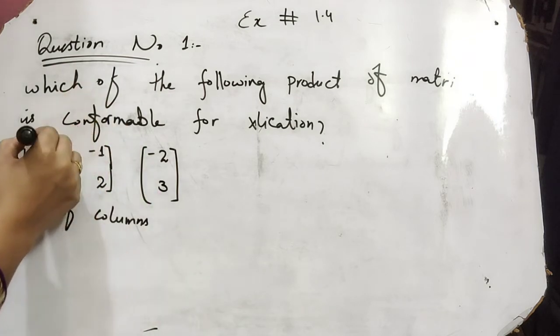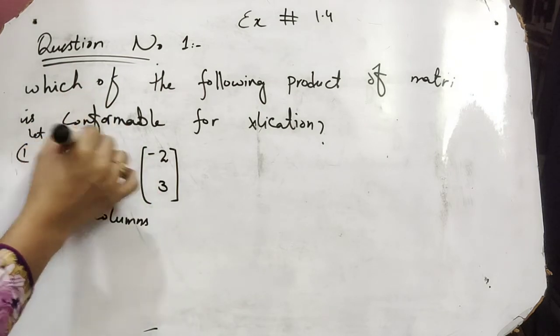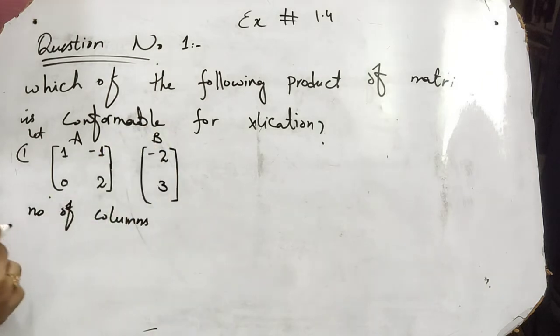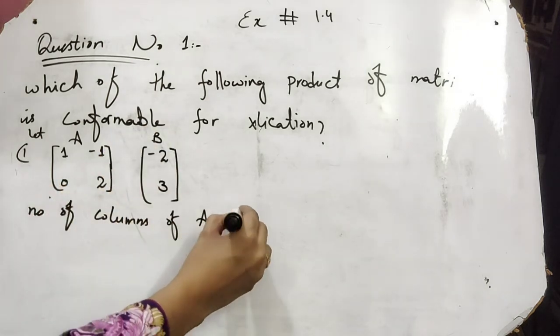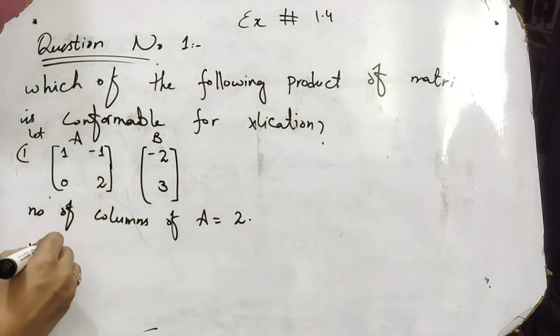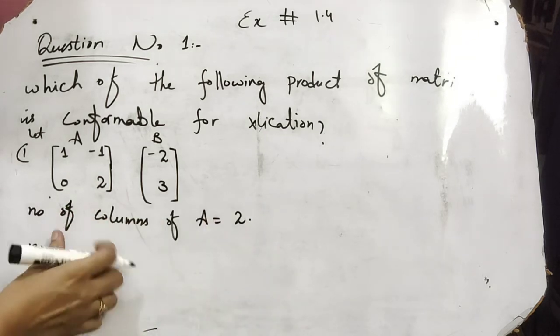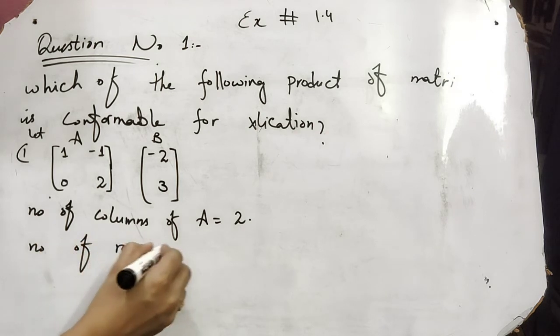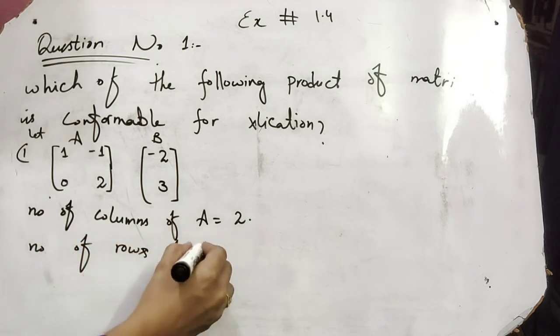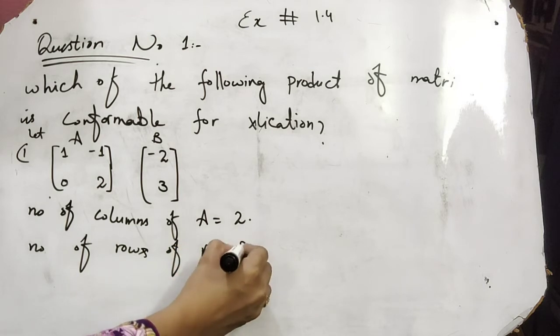Let this be A and this be B. So the number of columns of A is equal to 2 and the number of rows of B is equal to 2.